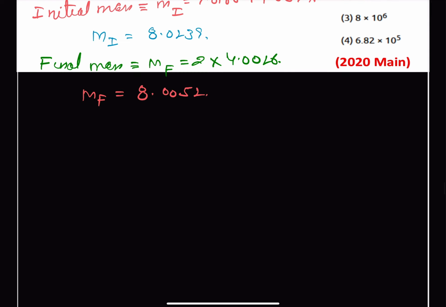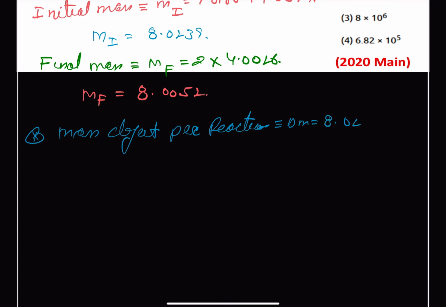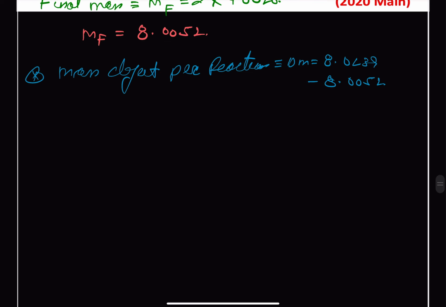Now we can find out mass defect per reaction, that is our delta M, which will be equal to 8.0239 minus 8.0052, which gives us that our delta M is equal to 0.0182.